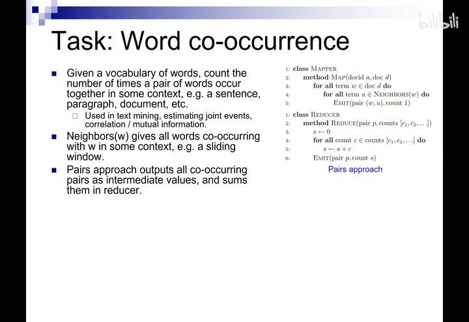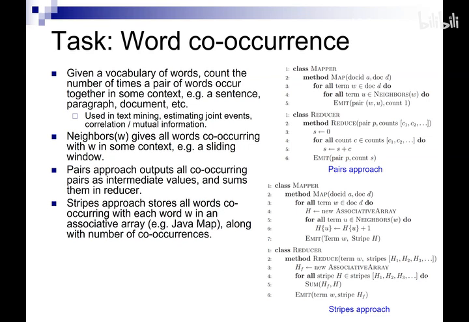Then the reduce function is just going to take a pair of words, and it's going to get a bunch of counts for these words. Each of these counts is basically going to be 1 or some other number that says how many times it's been observed that W and U co-occur. It's just going to add up all of these counts, and in the end it's going to produce that word pair plus the total number of times that they co-occurred.